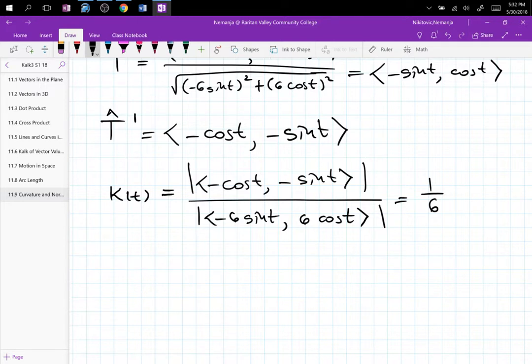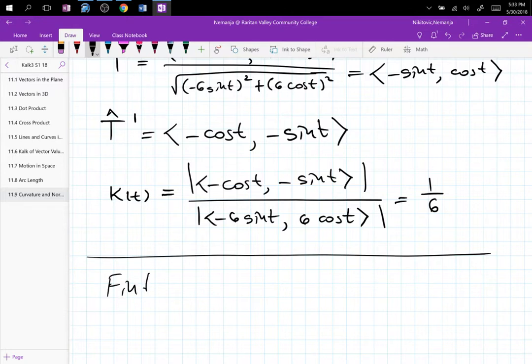Because it doesn't change. Do the calculation. Yes, because it's straight.